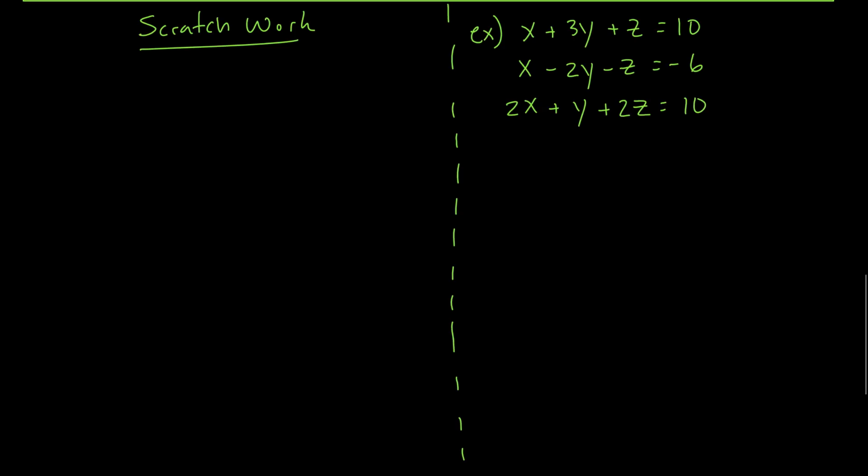So what is the first thing we're going to do here? Put in your matrix. So we have 1, then 3, then 1, then 10, then negative 1, negative 6, 2, 1, 2, 10.